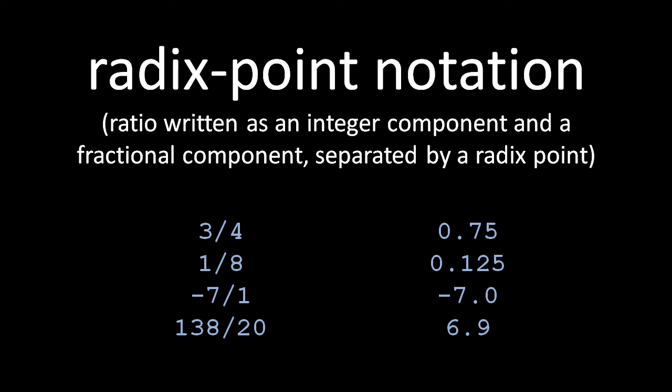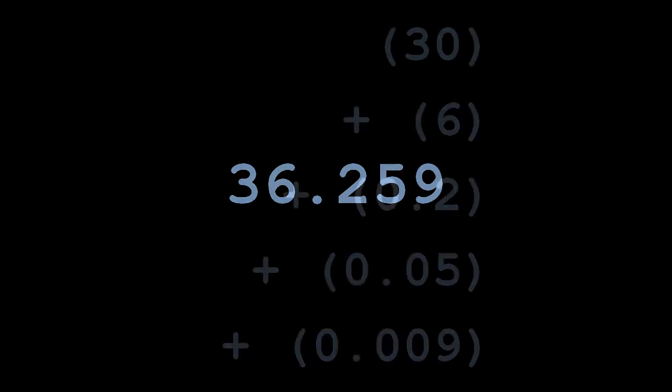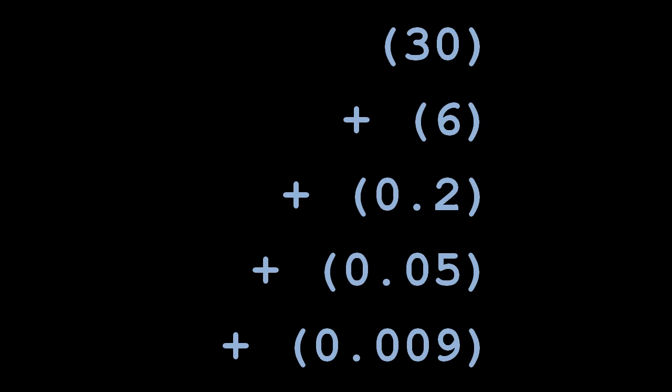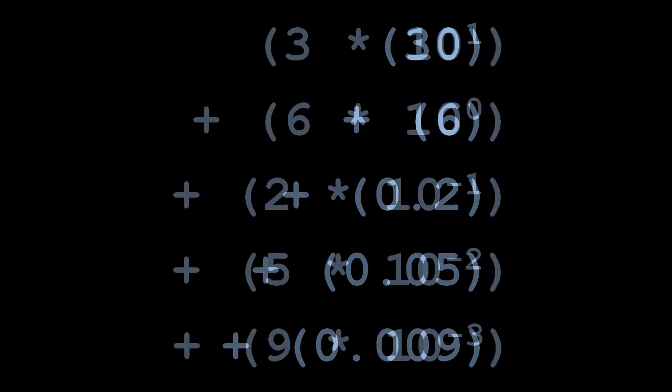To understand radix point notation, we need to revise our definition of positional notation. Let's say we have the number 36.259. We can represent this as the sum of the individual digit places like so, which in turn is equivalent to the sum of each digit place multiplied times some power of 10, the number base.